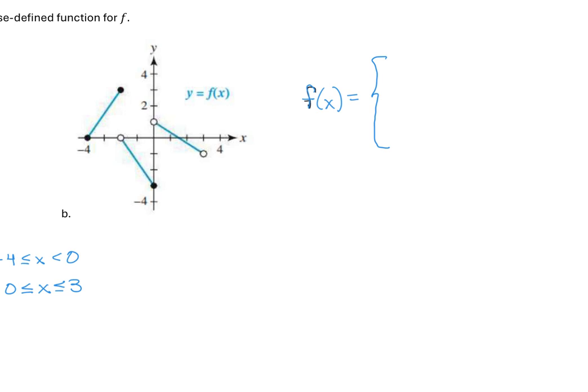The right piece, again, the first thing that we want is what is the slope. To get from our top point to our bottom point, we are going down 2 and we are going right 3. And so our slope is -2/3.